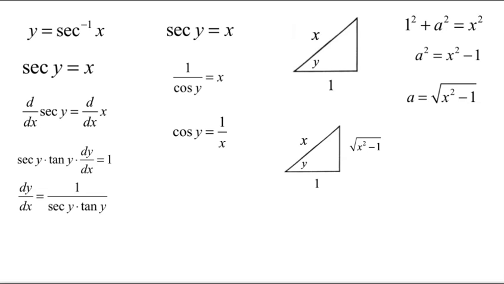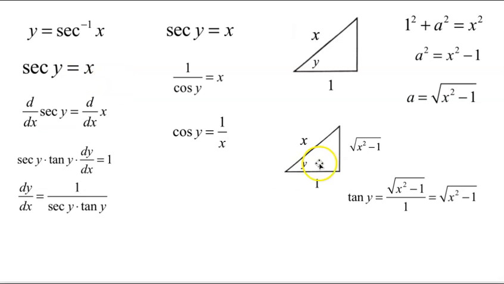So now I have this. Now I know what sec y is. Fine, sec y is x. Do I know what tangent y is? Well, let's take a look. Tangent y is opposite over adjacent. Tangent y is root x squared minus 1 over 1. So tangent y is root x squared minus 1.